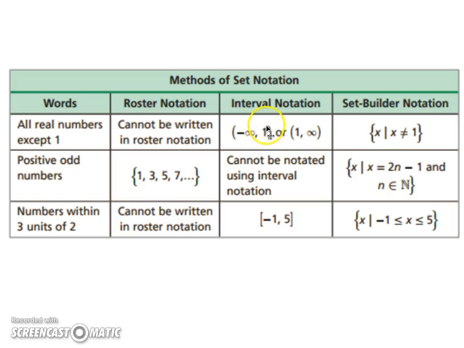But since we're trying to cap it off and get rid of this 1, you're going to cap each end off at 1 because we're going to exclude that value. It's not a brace, so we're not including the value of 1 here. And in set builder notation, we're talking about the variable x, and there's its rule. If you're talking about positive odd numbers, 1, 3, 5, 7, they keep going. That's why you can't necessarily use interval notation, because you're not talking about all the values in between. But in set builder notation, you can limit it to only be talking about the natural numbers.